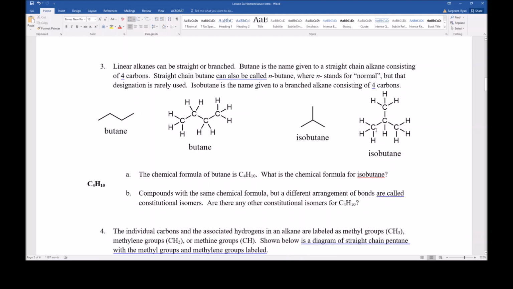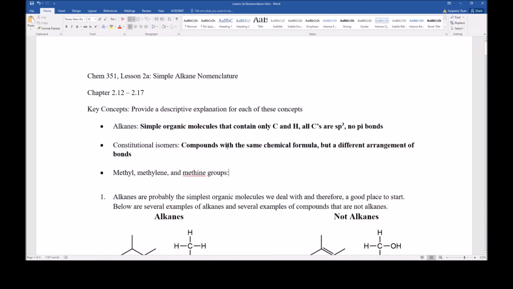So isobutane has 3 methyl carbons and 1 methine carbon. And this now allows us to fill in the last of the definitions. A methyl group is a CH3, a methylene is a CH2, and a methine is a CH, respectively.